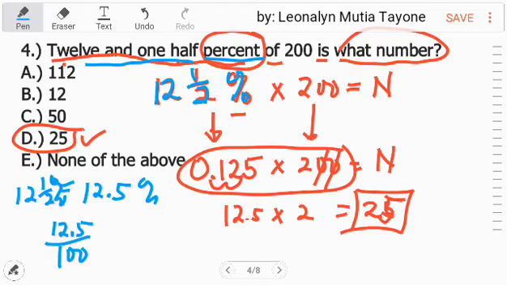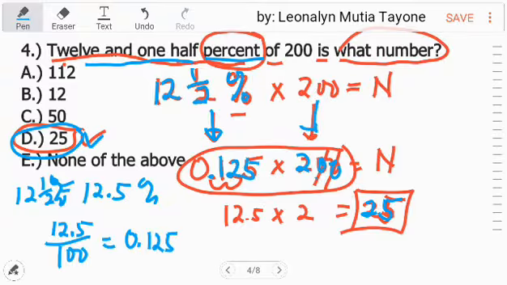So, 12.5 divided by 100, that is 0.125. Kaya ito ay equivalent ng 0.125. Kopyahin si 200. Minumultiply lang natin si 0.125 times 200. The answer is 25. Kaya, letter D, 25.